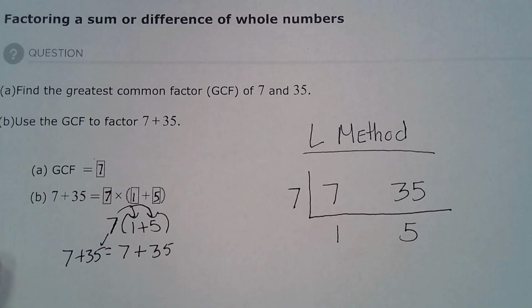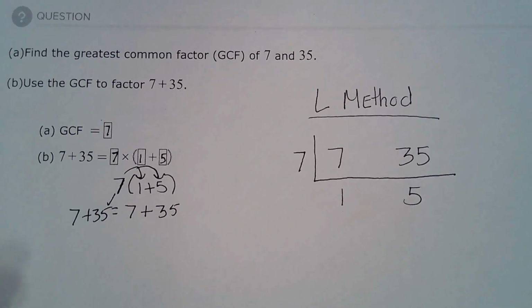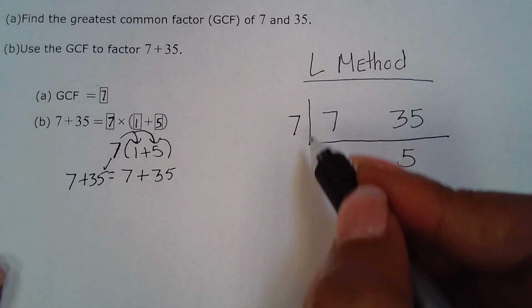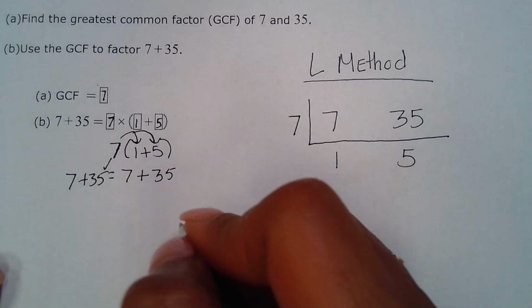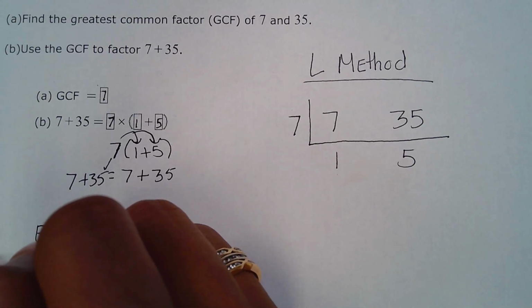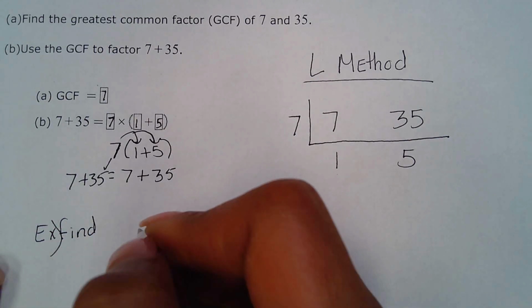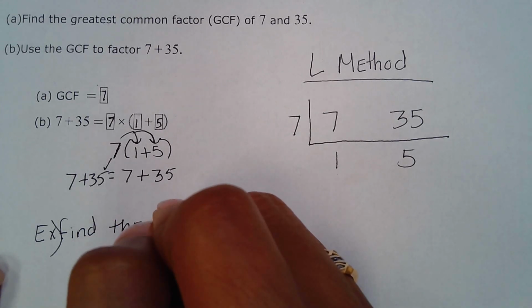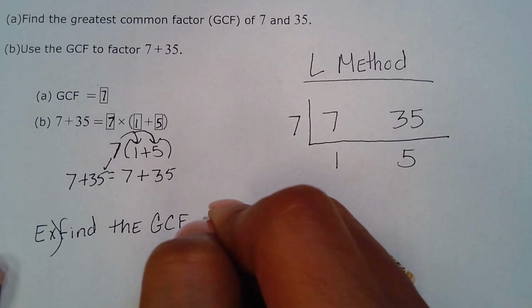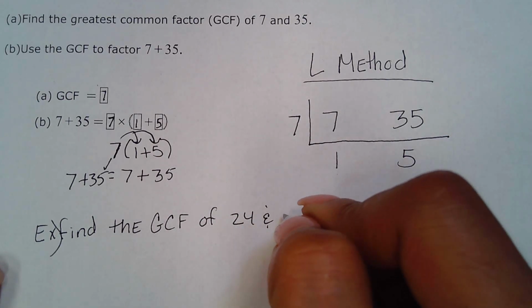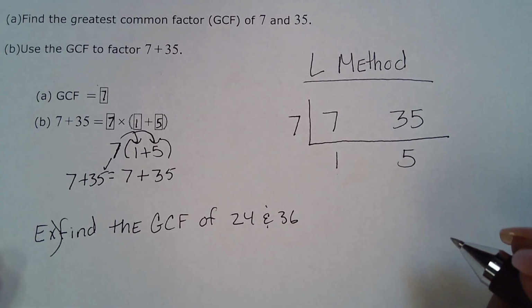All right, I'm going to make up another one so that you can see the process if you have to go through this procedure more than one time. Excuse my sloppy handwriting, let's find the GCF of 24 and 36.